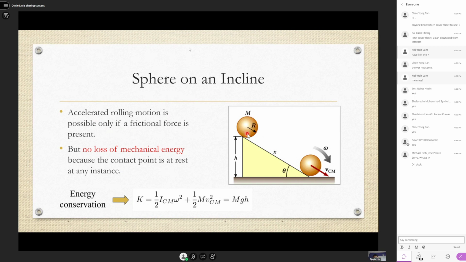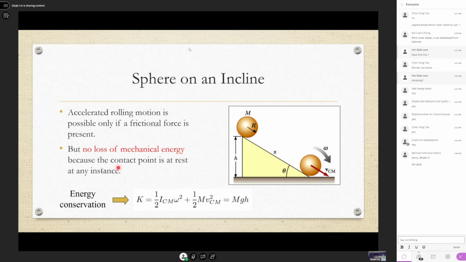That means this contact point, between the sphere and the slope, needs to have friction so that the ball will start rolling. Imagine you put a ball and it has no friction. What will happen? The ball will just slide down without rolling. So friction actually plays a part. You need to have friction for rolling motion to occur. That's why now we are starting rolling without slipping, and frictional force needs to be present.